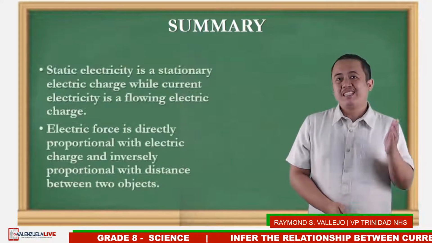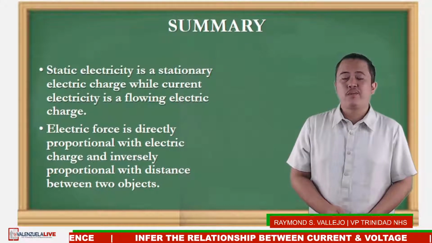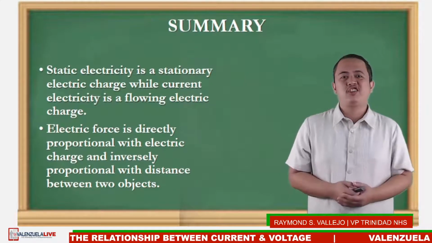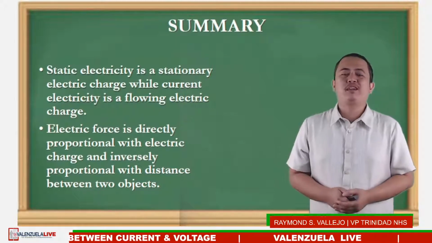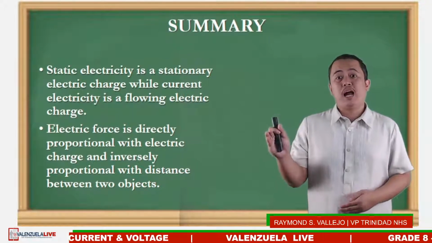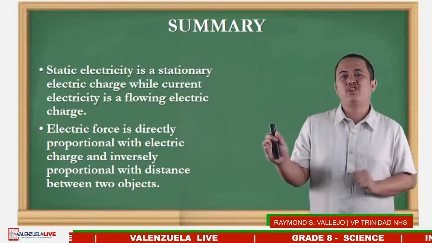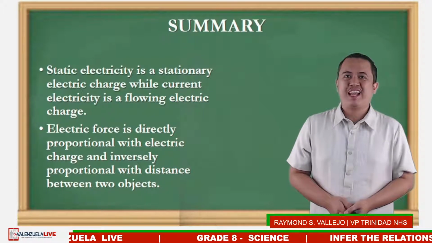Third, static electricity is a stationary electric charge, while current electricity is a flowing electric charge. Fourth, the electric force is directly proportional to the electric charge and inversely proportional to the distance between the two objects.